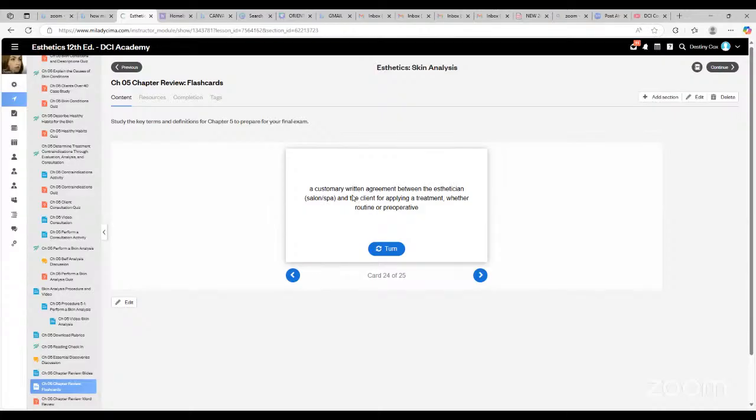A customary written consent agreement between the esthetician, salon spa, and the client for applying a treatment, whether routine or pre-operative, before they go for surgery, okay? So even though you got technique, even though we got behind the scenes, we got to take care of the paperwork. Okay. So we got to make sure that we have that. This covers us as well.